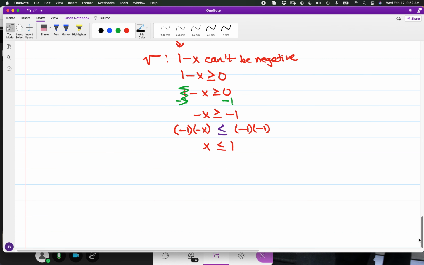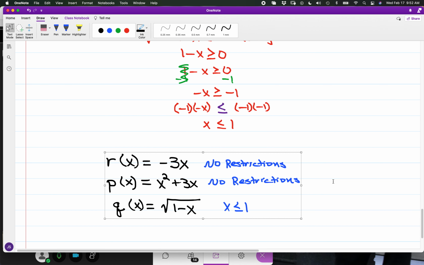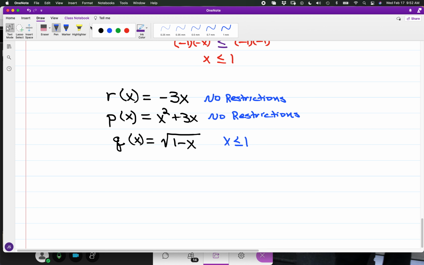So just looking at the initial setup. Okay. For number 20, okay, we're looking at p minus r of x.